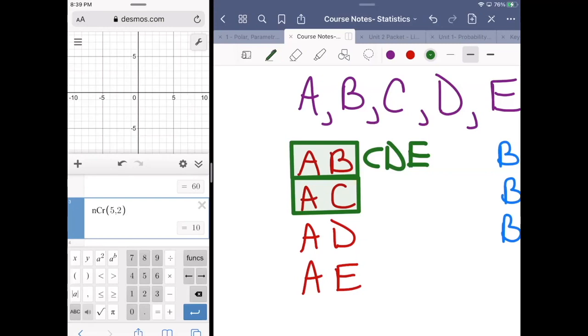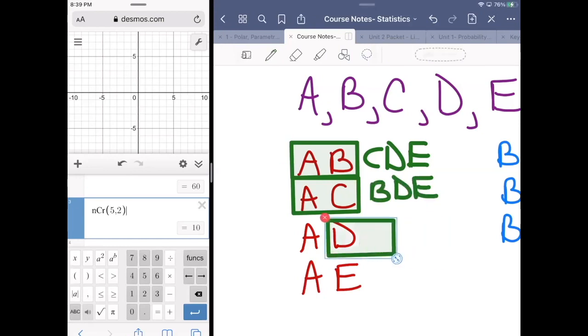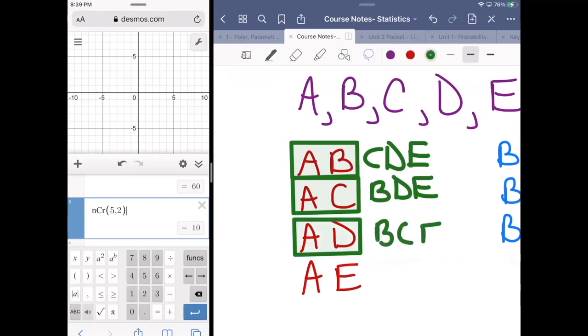So if I have a group of AB, necessarily that creates the group of leftovers CDE. Same thing with AC, a leftover group of BDE. AD, that would give me BCE.